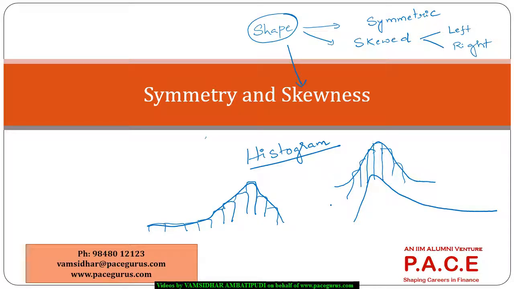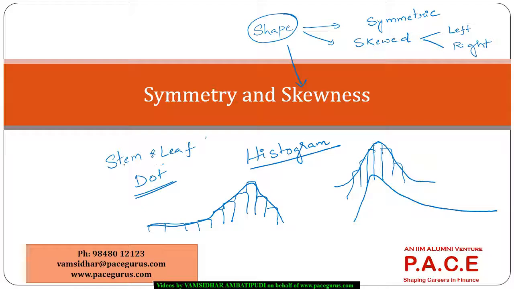Whatever the shape is, to a large extent the approximation of the shape can come through the histogram. Even your stem and leaf plot would have given you a similar kind of diagram, or even your dot plot would have given you a similar kind of shape. So the approximate shape you can very well get through any of these distributions.